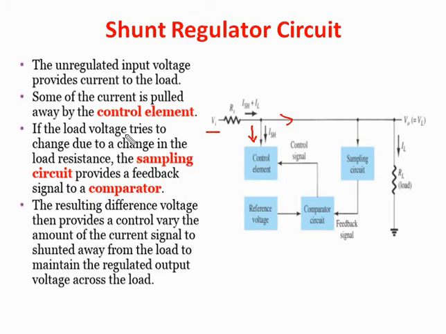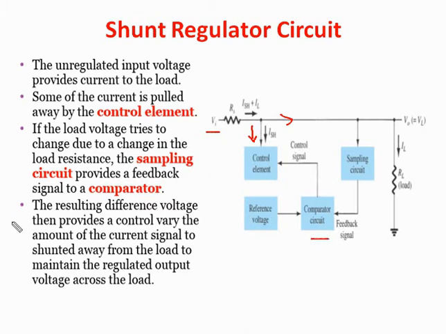If the load voltage tries to change due to the change in the load resistance, suppose the load resistance becomes lower or higher, the load current IL will change. This change in the current is sampled by the sampling circuit and fed back to the comparator circuit.